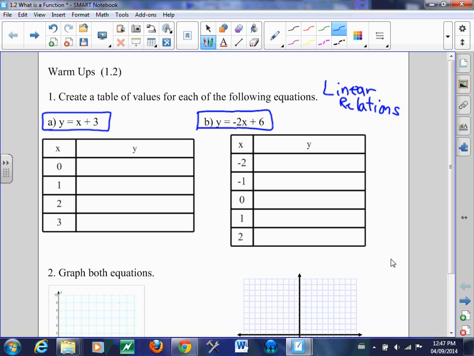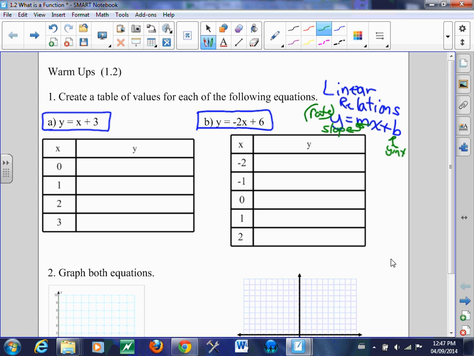You may remember from grade 9, we related them to y equals mx plus b, where b is your y-intercept, and m is your slope or rate of change. So how can we recognize it's linear? There are no visible exponents.